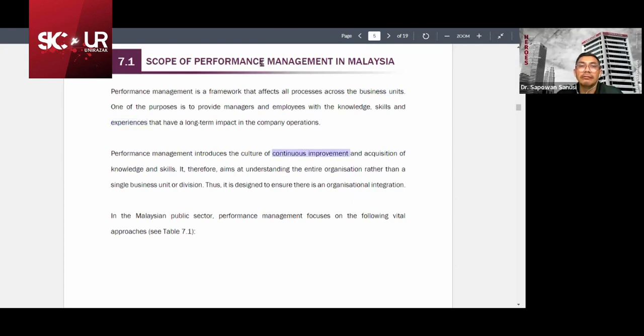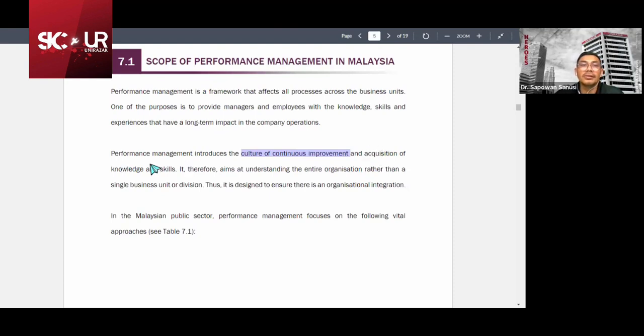Meaning, when we focus more on performance management, we already put ourselves into strategic human resource management towards the high performance work system, because there is a sense of a culture of continuous improvement.